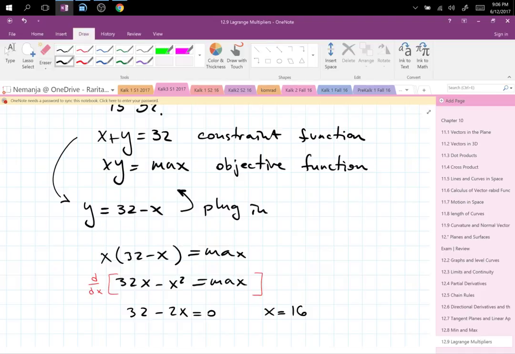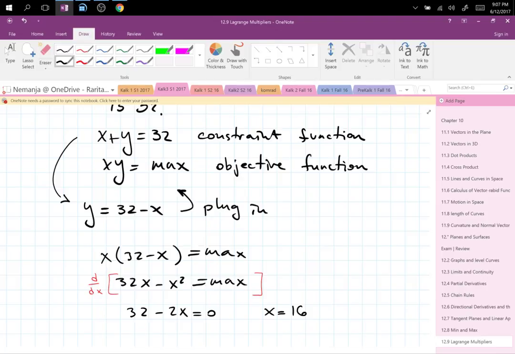So if I am to put this spray bottle like this, your min-max procedure for 12.8 is going to detect this point here as a minimum point for the bottle once you run all the equations. Lagrange multiplier is going to find the minimum point on this shape, right, the constraint, for this line as this point here. You see the difference?